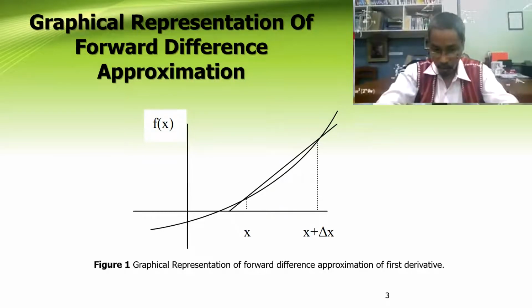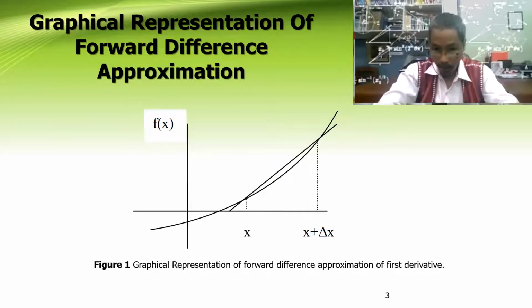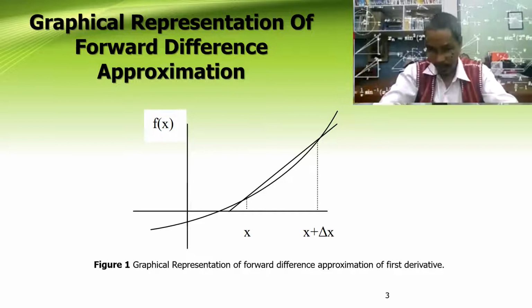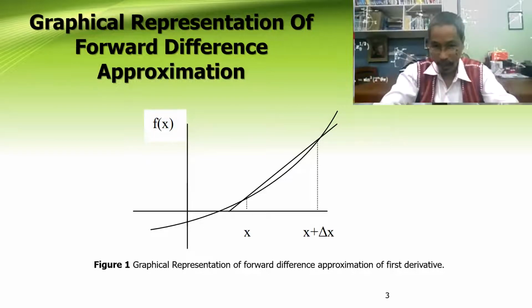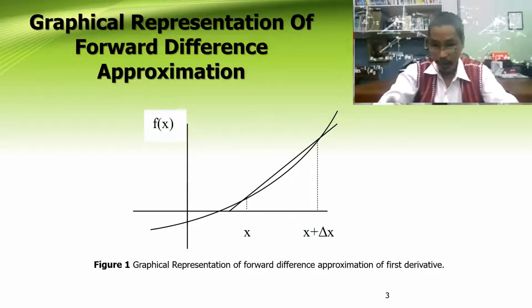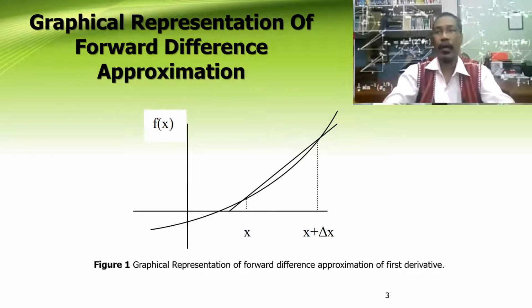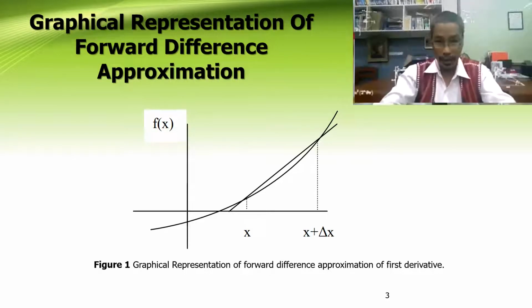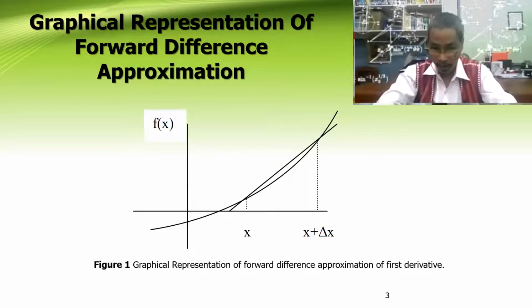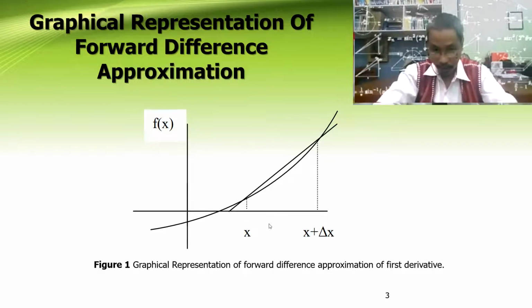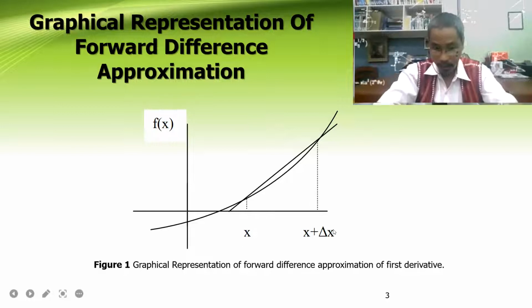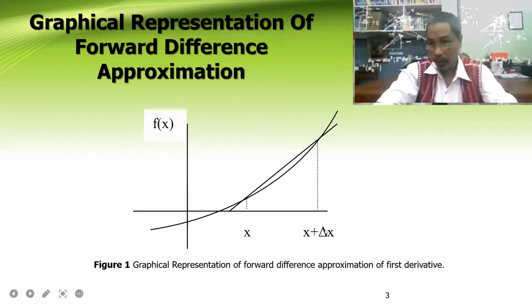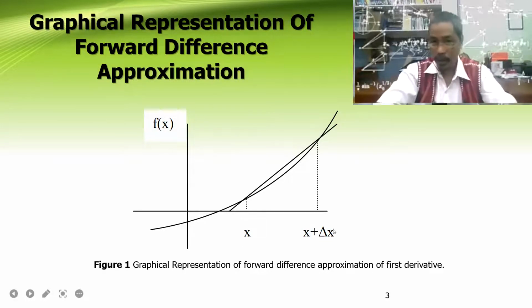Now, you can see it is forward difference because from x, we go forward to another value, which is x plus delta x. For example, give a random number: x is 10 and delta x is 1. So x is 10, and x plus delta x is 11, because 10 plus 1 is 11.